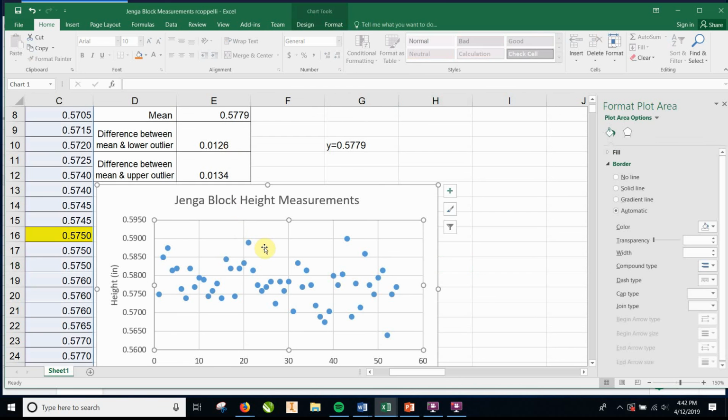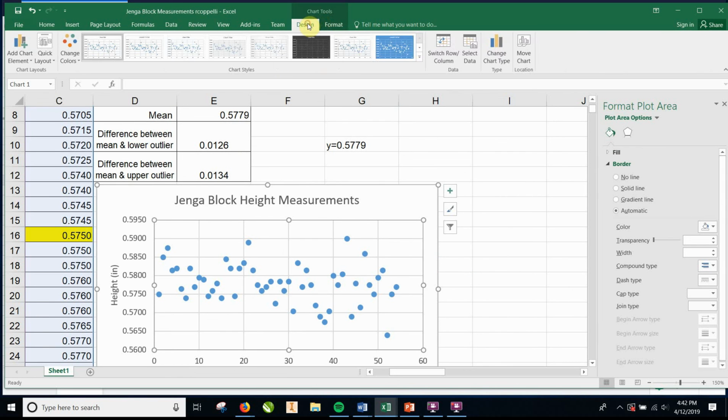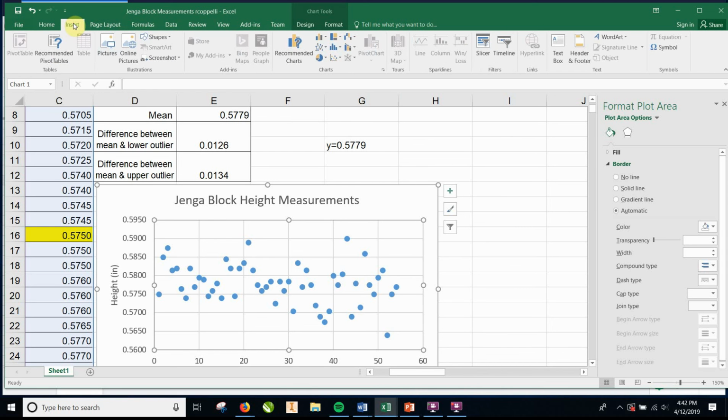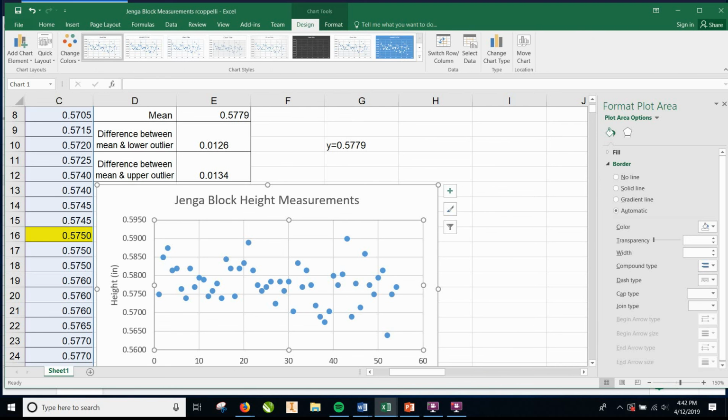So I'm going to click on this and let's see if I can find it. It is, I think, in design. Insert. It's somewhere. Let's see.